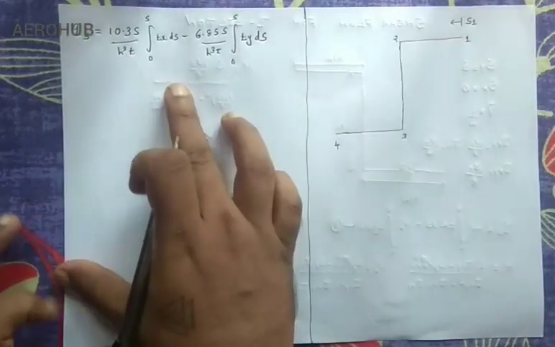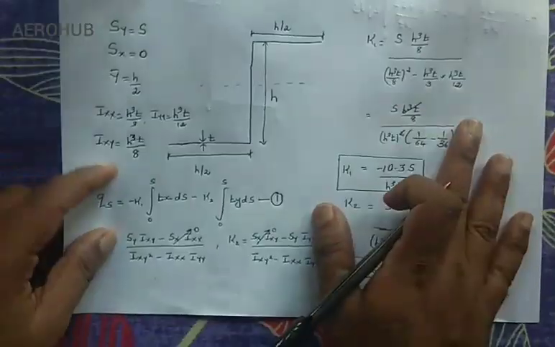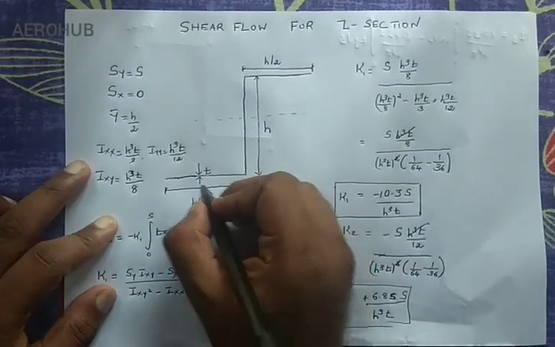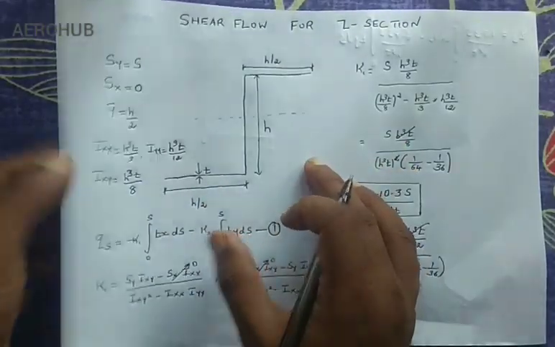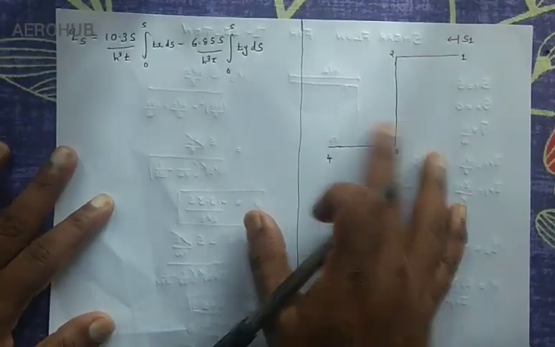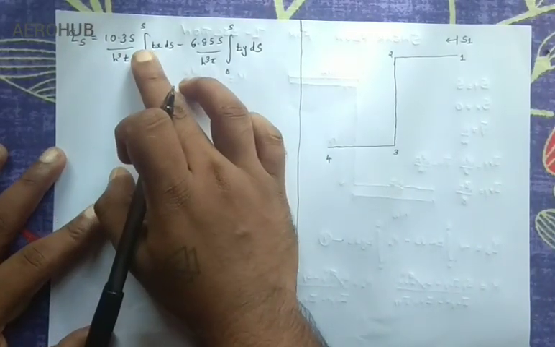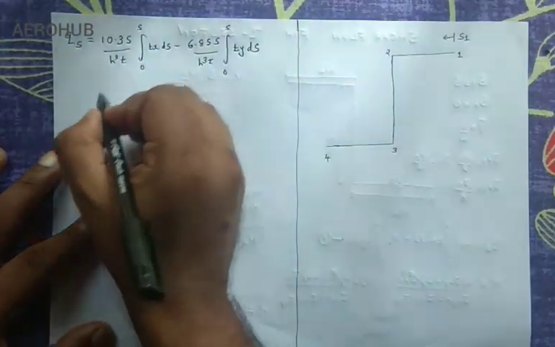For this section the thickness is always constant, so I can take t outside the integral, and it cancels.